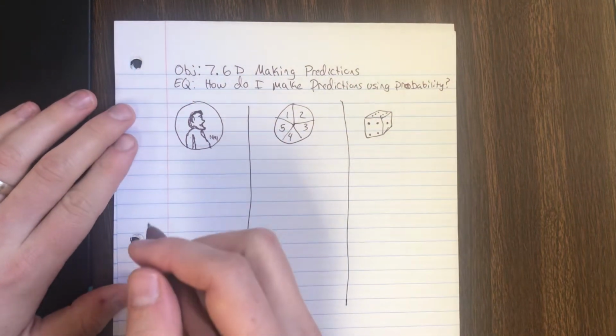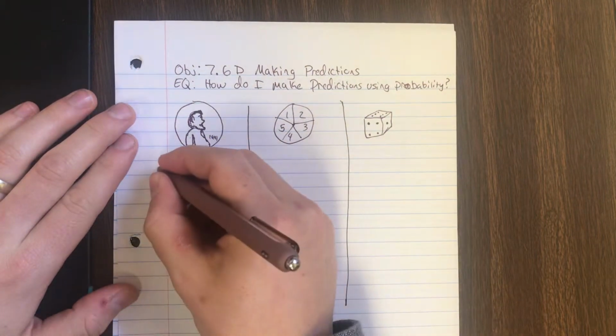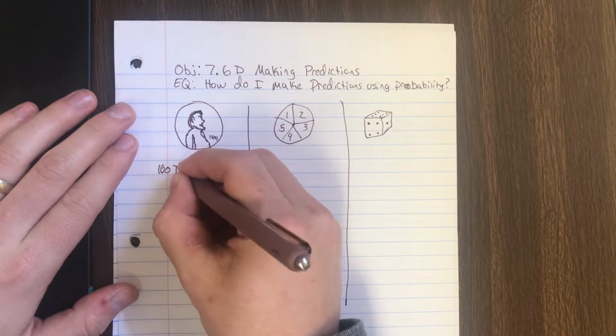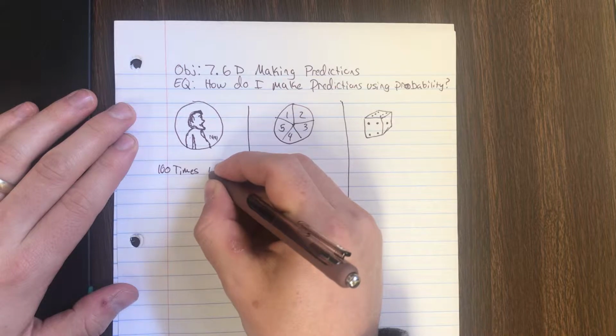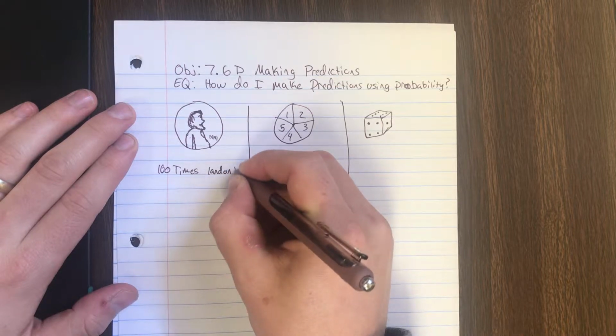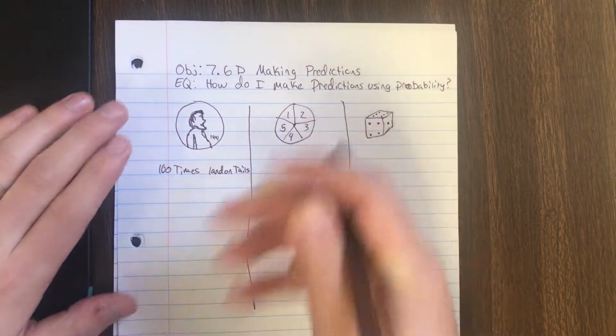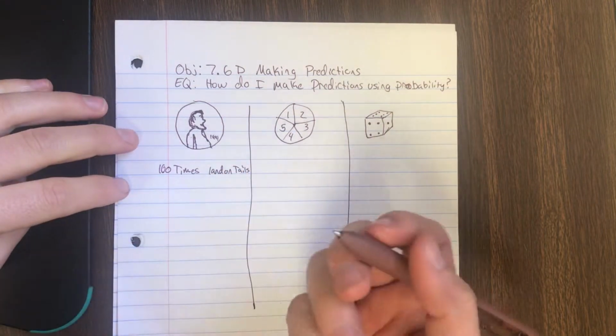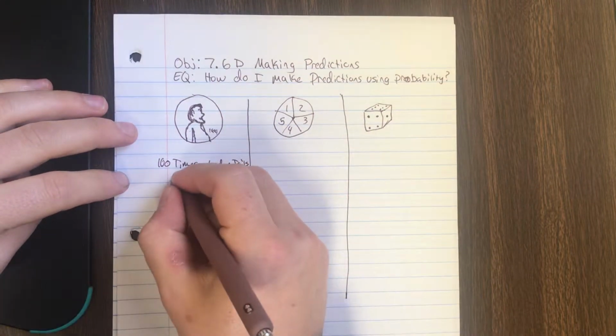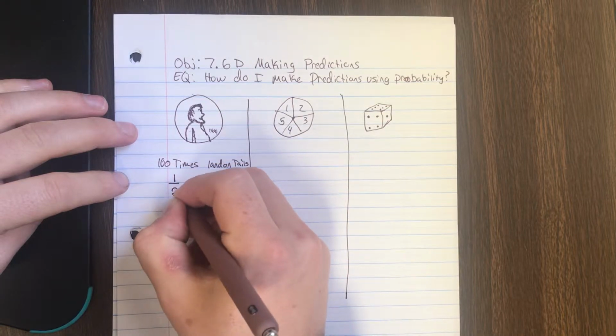So if I flip a coin 100 times, let's say, how many times would I land on tails? The way you set this up is in a proportion, okay? The probability is 1 out of 2 times I should land on tails.